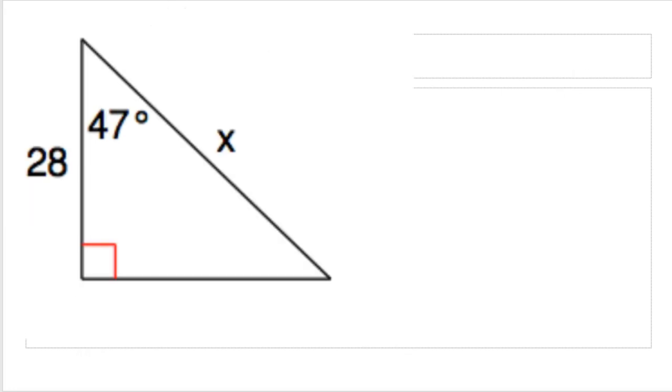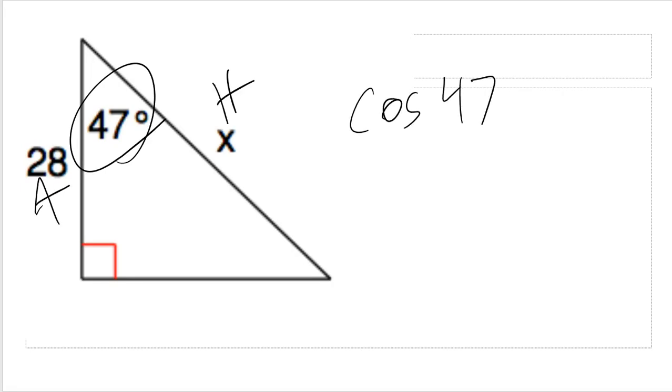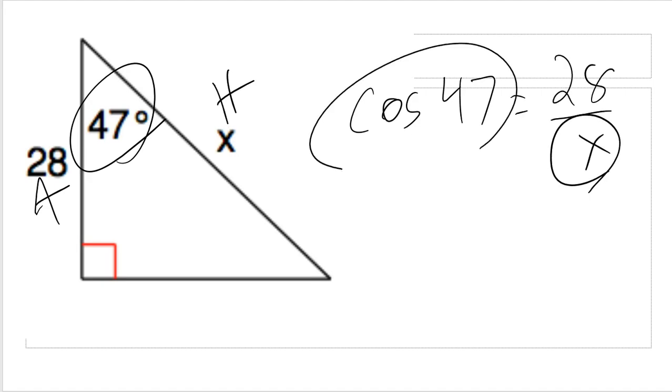All right, a few more of finding the sides. Once again, we have adjacent and hypotenuse, so we're going to use cosine. Cosine of 42 equals 28 over x. We're going to switch these two, for the reason I just said on the last slide.